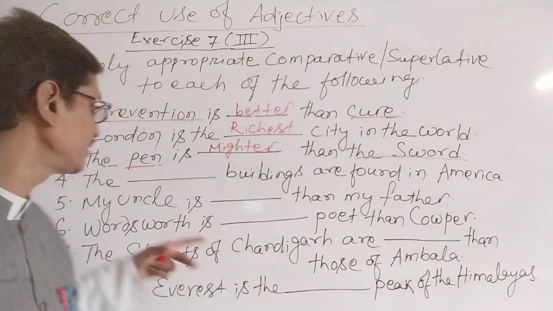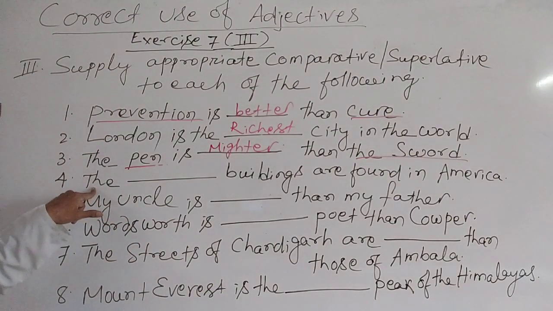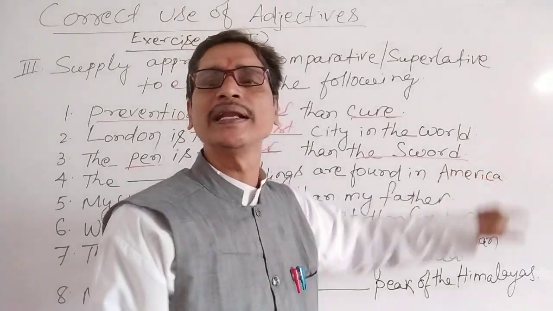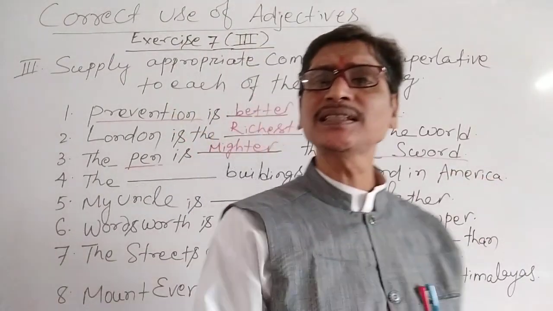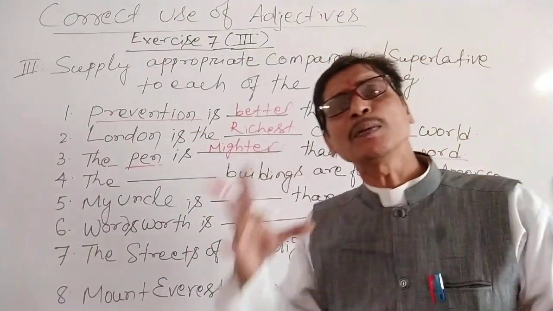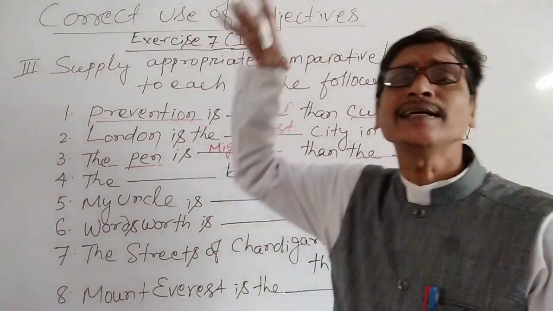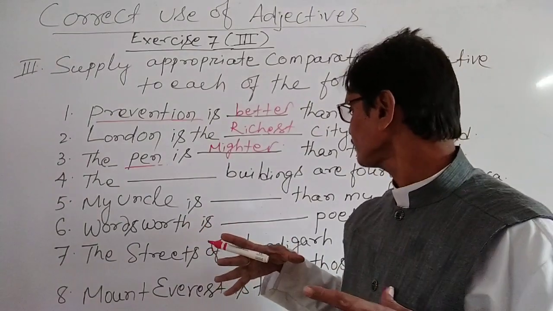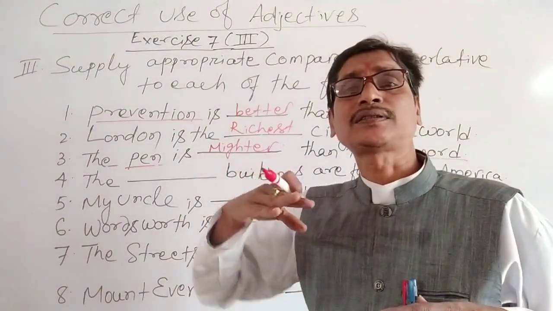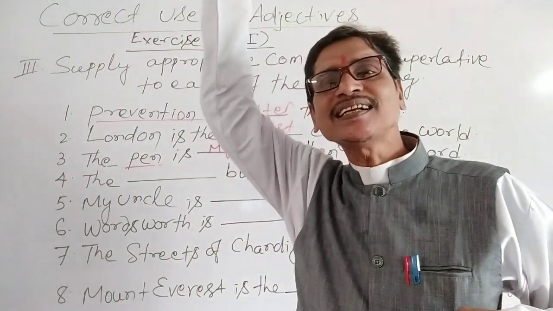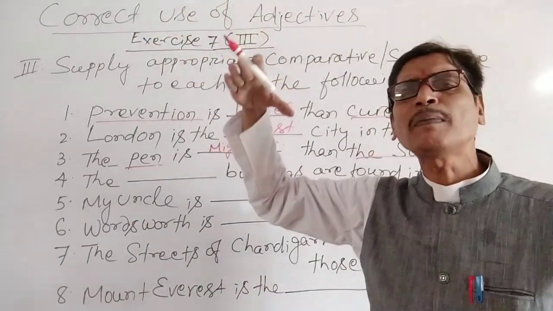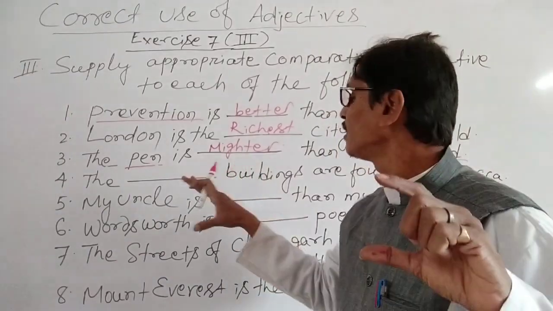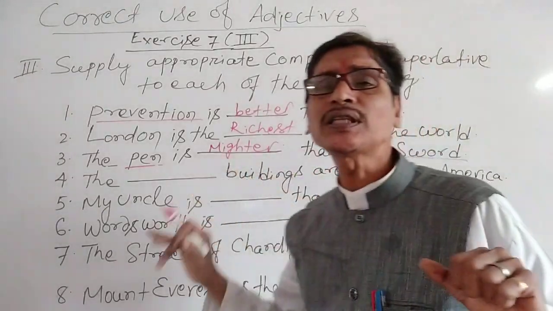See here, number 4. The dash buildings are found in America. Dash buildings, you can say beautiful, you can say the height, you can say tallest and so on. So when we are talking about distinction, we are distinguishing the buildings of America from other buildings.